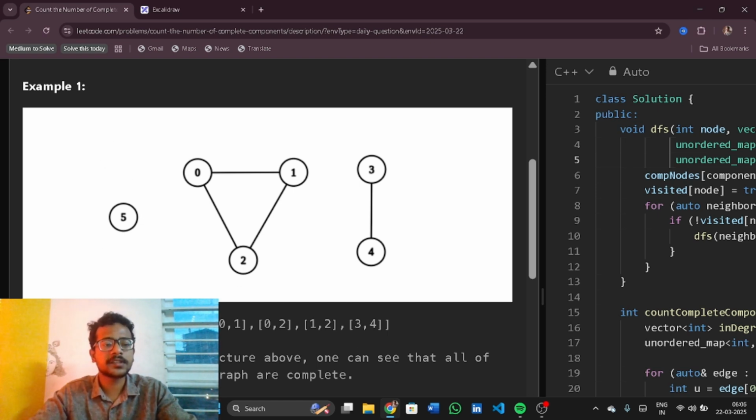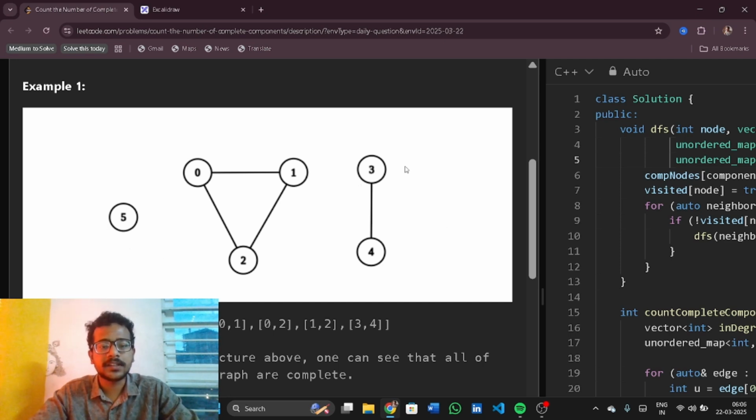But if you see this component, it has only one vertex and no other vertex, so there is no need to worry about whether it is completely connected or not. It is initially and finally a completely connected graph because it has only one vertex.